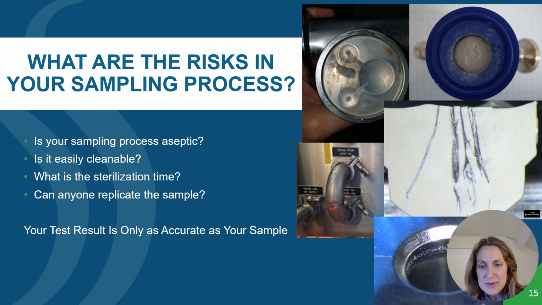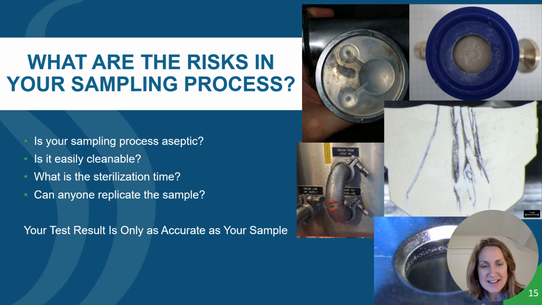Here's just some examples of different types of cleaning inefficiencies when it comes to sampling, and some considerations. Even if you're running steam through your lines, you still might have biofilms or cracks running through your process. And then the last one, which is pretty important, is it easily replicatable by your entire team? Can anyone take that sample?